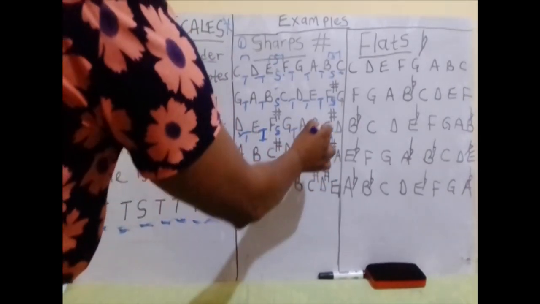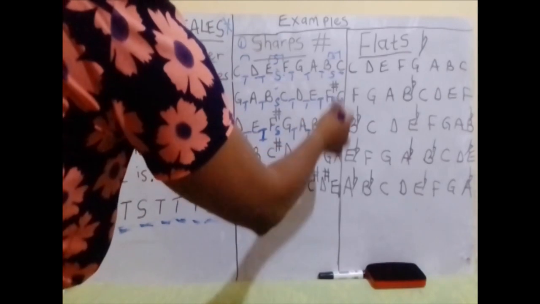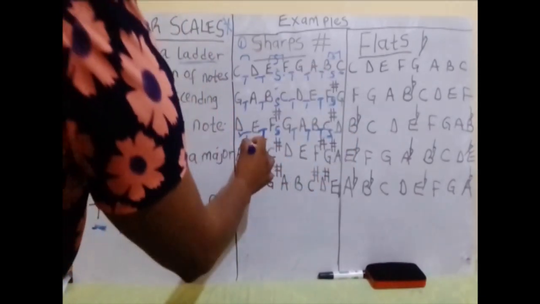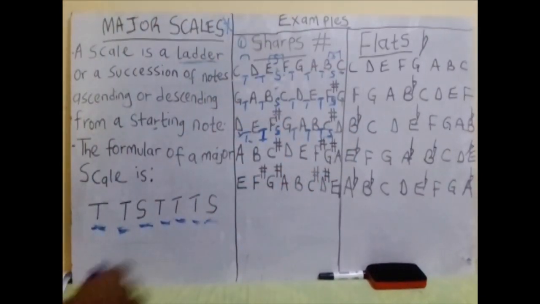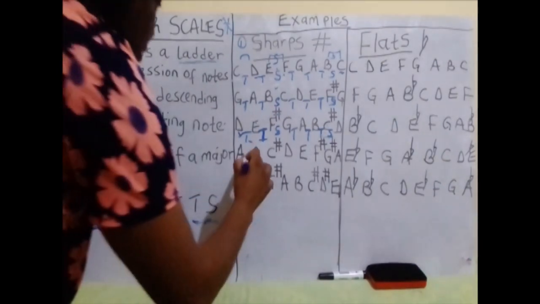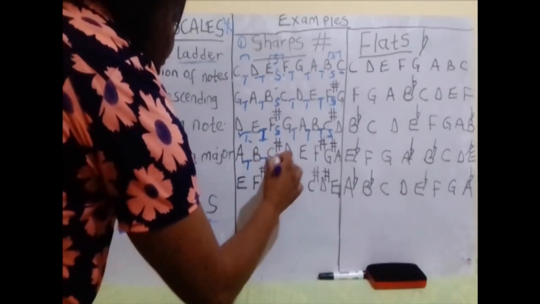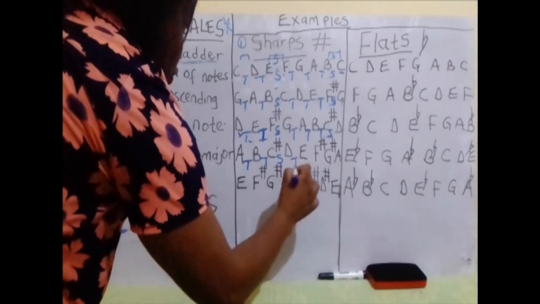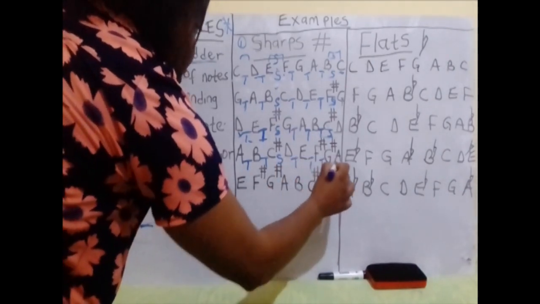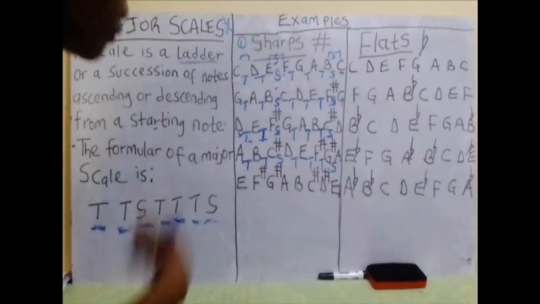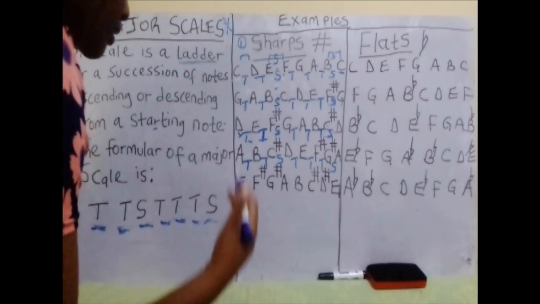We come to the scale of A. Tone, tone, semitone, tone, tone, tone, semitone. Again, we follow the same trend. Between B and C, we obviously know that it's supposed to be a semitone, as we said, always a semitone.